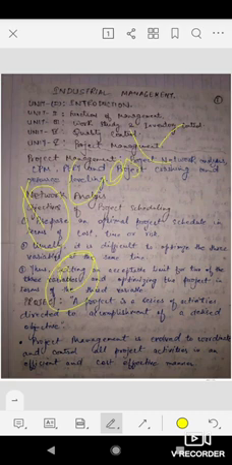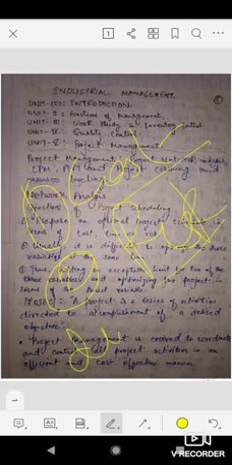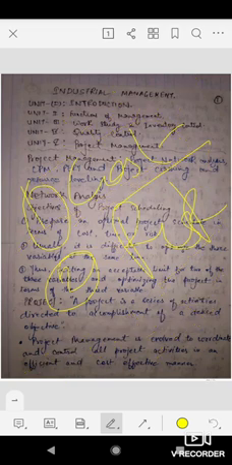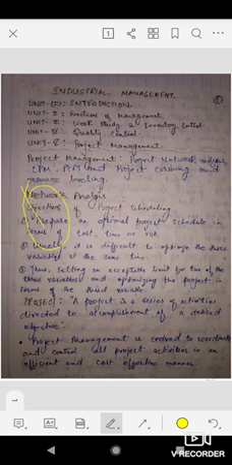Then we optimize the project duration, by how much time we are going to finish the project. So these are the objectives of project scheduling.